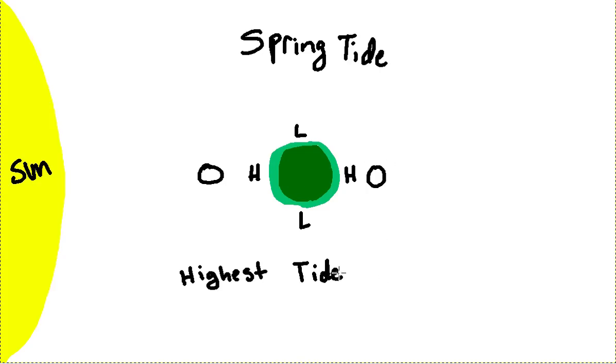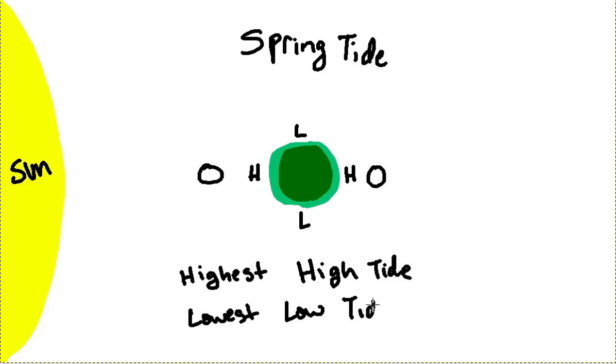The highest high tides, and what you're also going to get here are the lowest low tides. So right here, this is when you have the lowest of your lows and the highest of your highs.